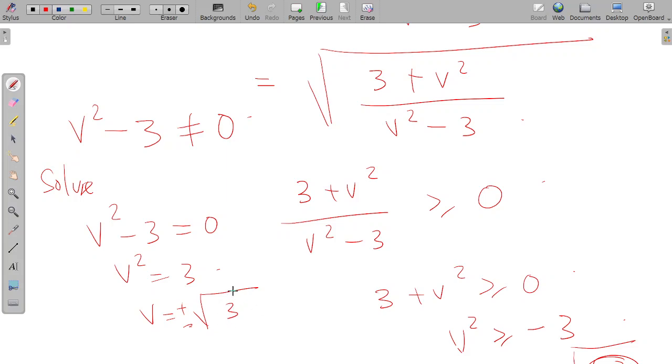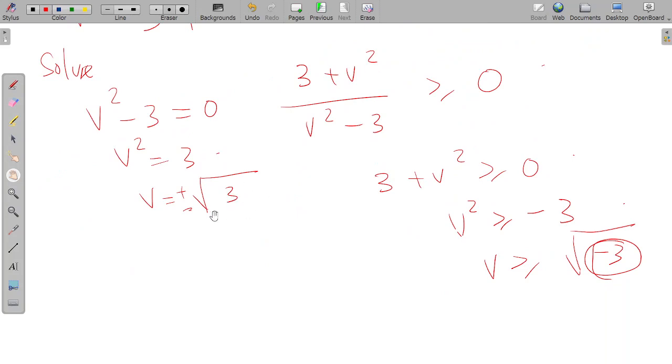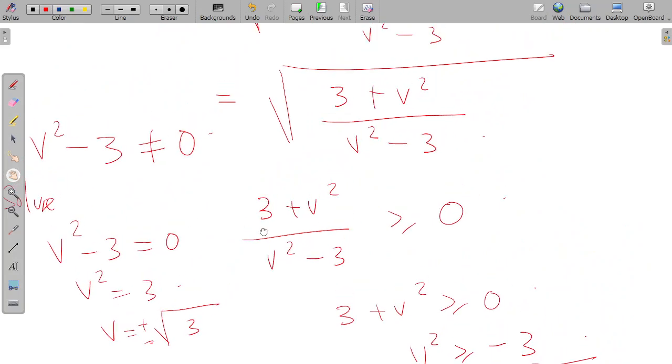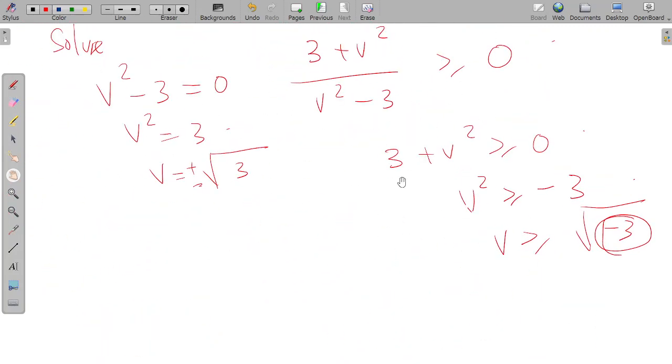So that means that v cannot be root 3 or negative root 3. Meanwhile, the one at the numerator will always be positive. Can you see that? Because this is 3 and this is v squared, so it will always be positive.